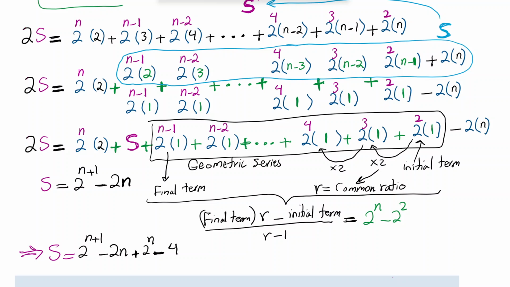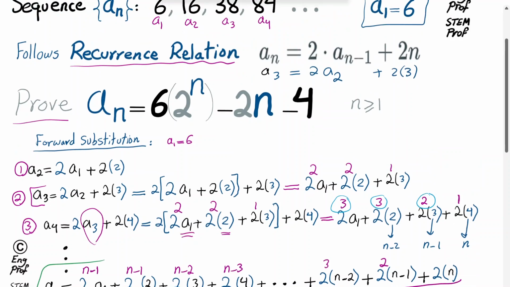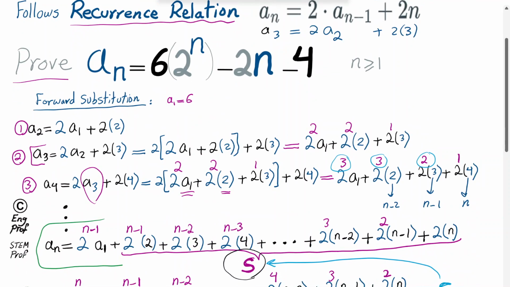Okay, but what should we do with this? Well, we are done, because we found S, but then a_n is simply, I'm going to copy paste, and we are done.